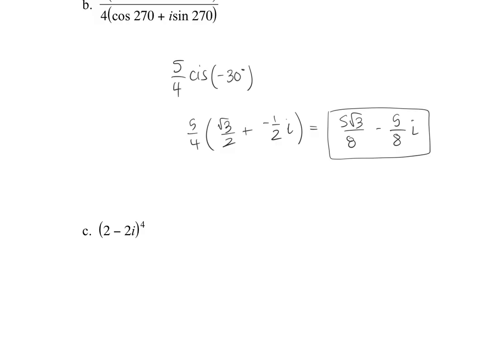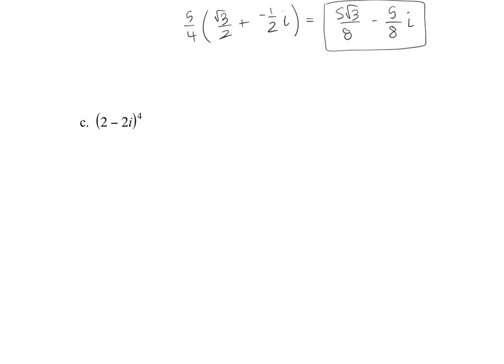Part C, raising a complex number to a power, De Moivre's theorem. We are going to first, again, change that complex number from rectangular form into polar form. So we need r.